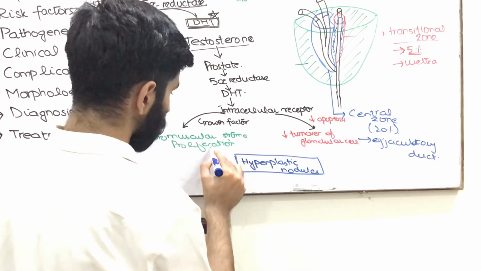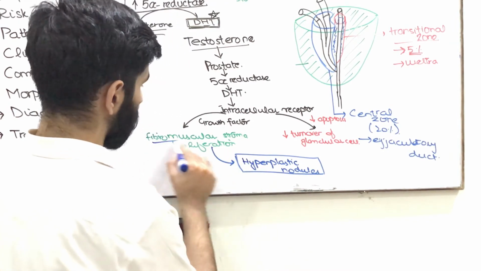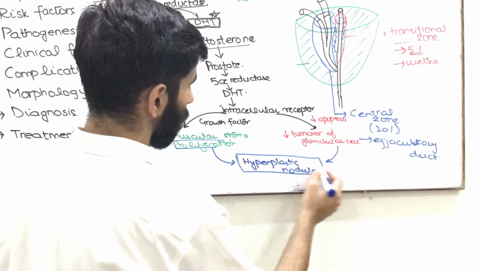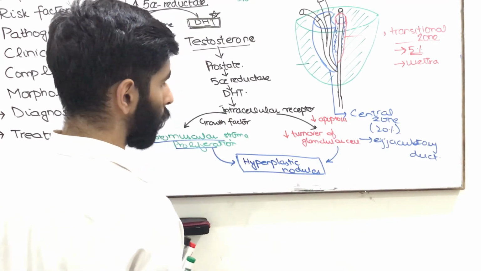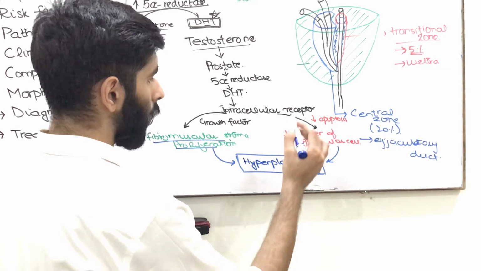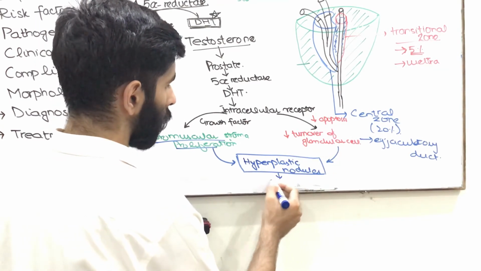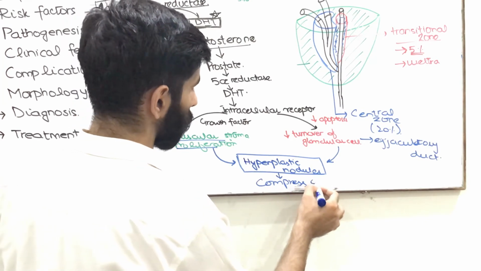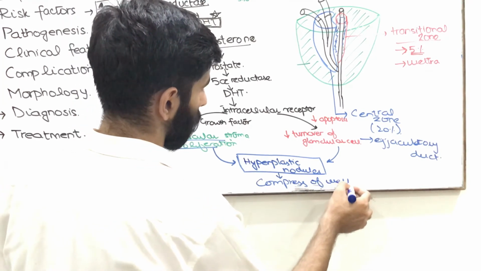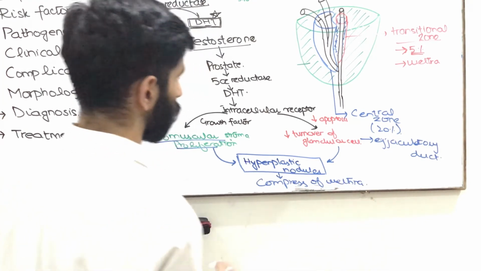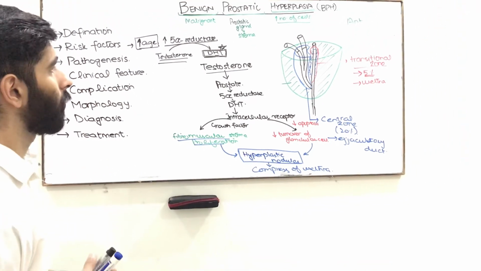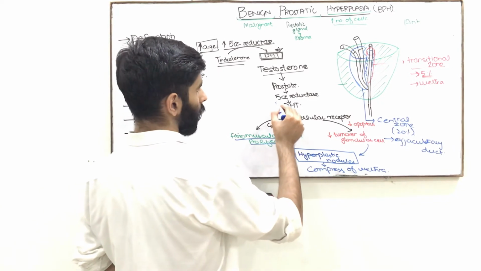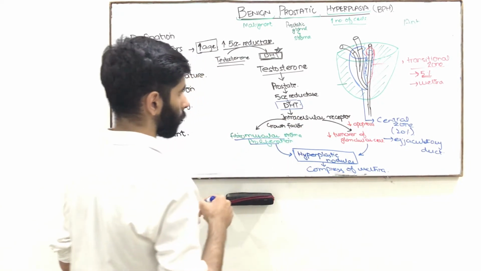So fibromuscular proliferation and decreased turnover of glandular cells lead to the formation of hyperplastic nodules, which cause compression and obstruction of the urethra in the transitional zone. This is the pathogenesis of benign prostatic hyperplasia, and the main culprit is dihydrotestosterone.